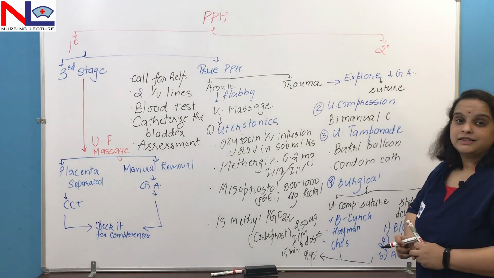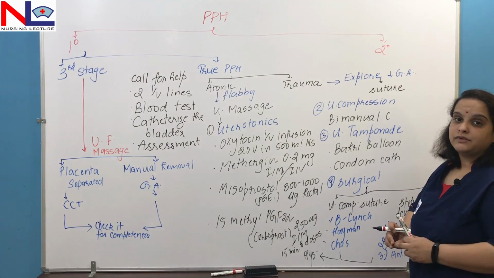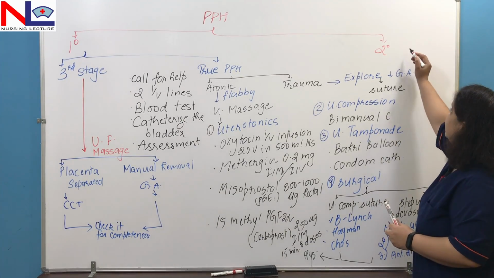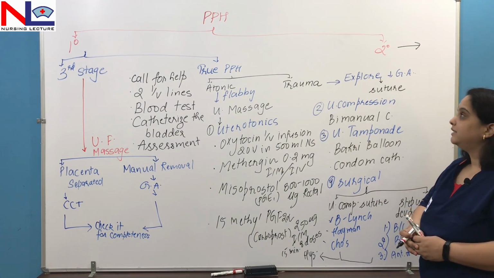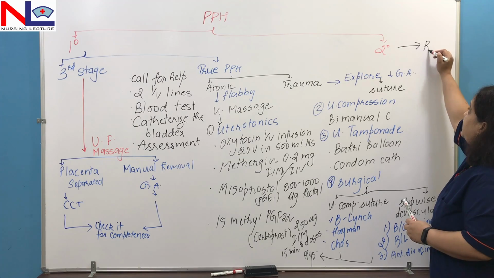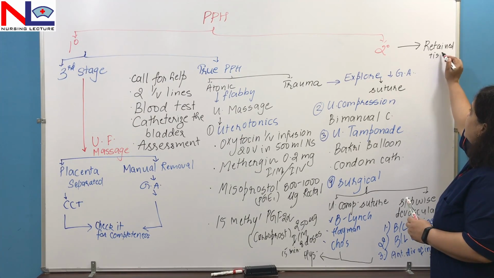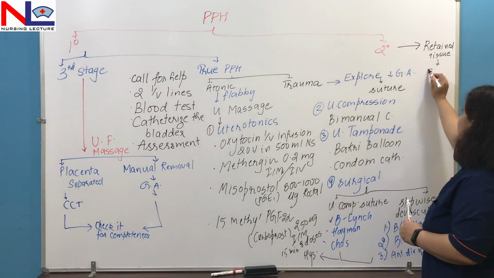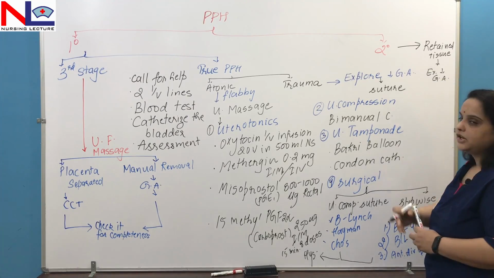Okay. If the reason for postpartum bleeding is secondary PPH, where the bleeding appears after 24 hours of delivery of the baby, then we already discussed the most common reason behind this is retained tissue. So what we will do in this situation, we will explore again under general anesthesia or deep sedation.